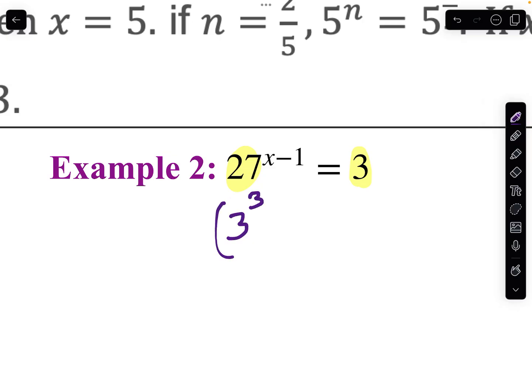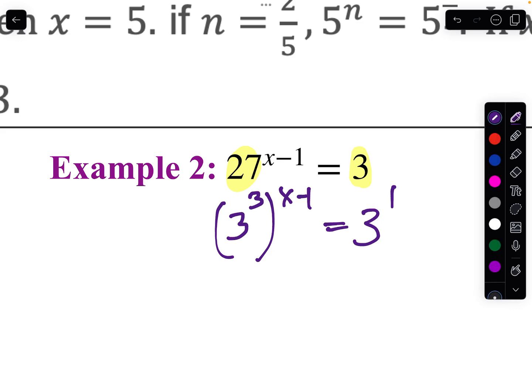Now I'm going to raise that to the x minus 1 power. I'm going to rewrite 3 with my exponent there just to be on the safe side. Now when you take a power to a power, we multiply. So we're going to distribute the x minus 1, so that'll be 3 to the 3x minus 3 power equals 3 to the first power.